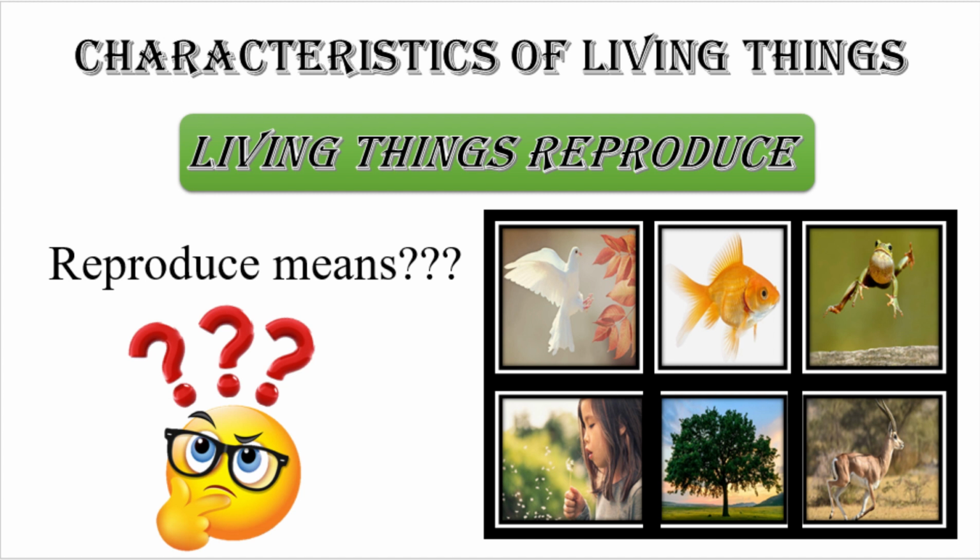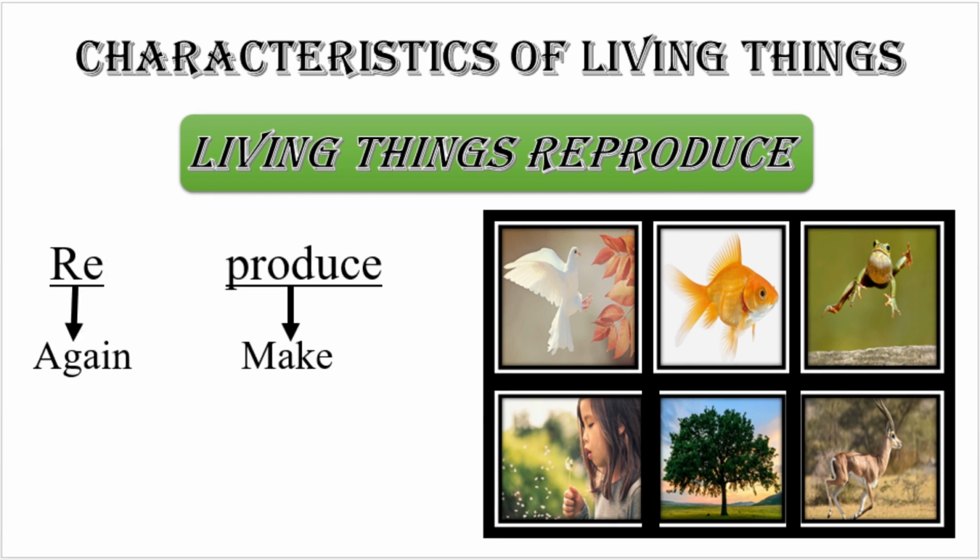Now, have you written your answers? Okay, focus on the word reproduce. It comprises two words. And what are these two words? One is re and the second one is produce. The word re means again and produce means to make or to create.